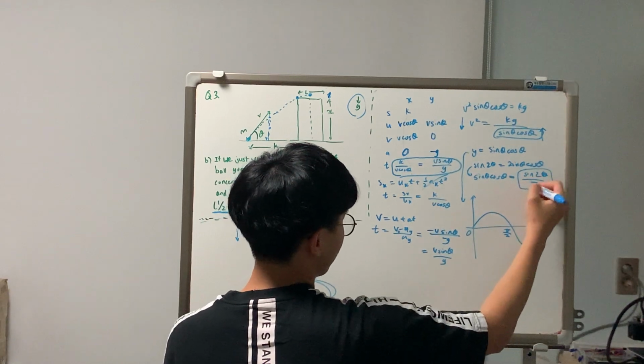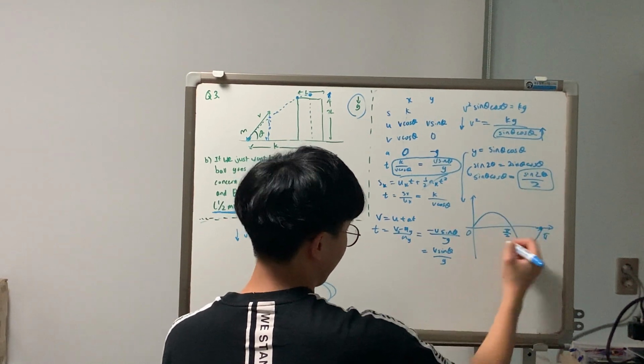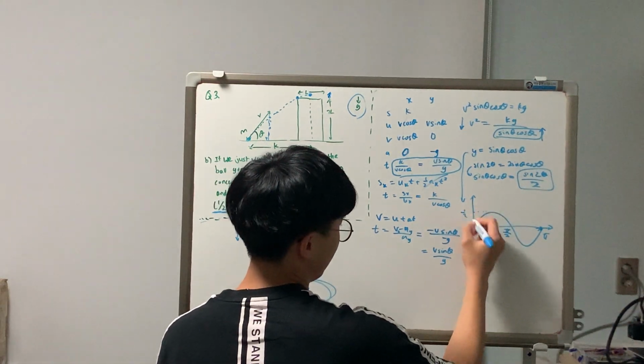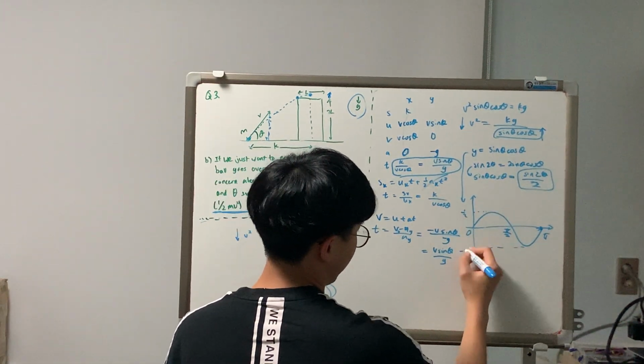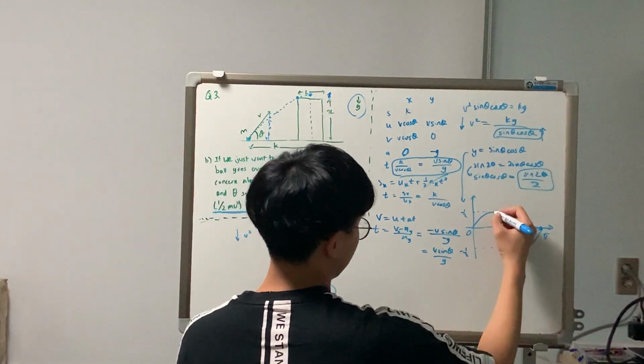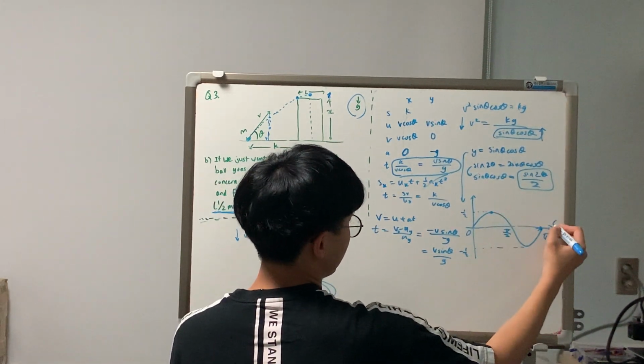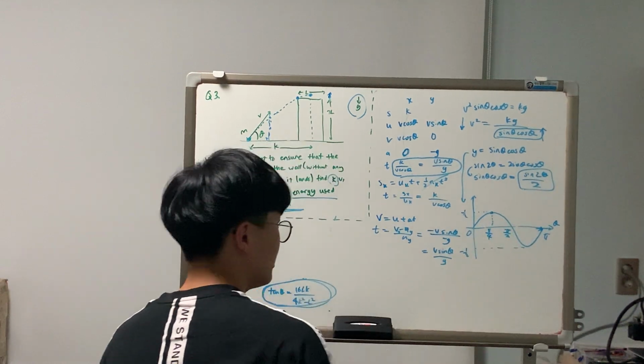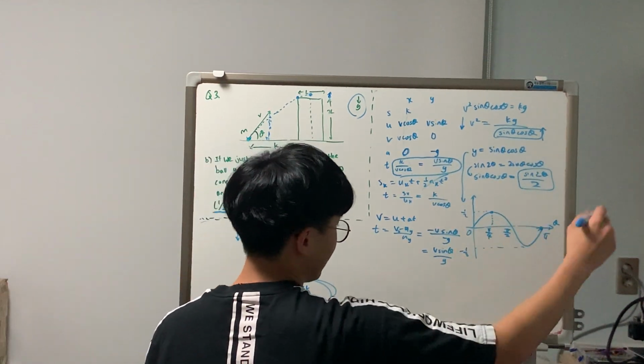And because it's over 2, its maximum and minimum will no longer be 1 and minus 1, but 1/2 and minus 1/2. And we know that the value for theta here, when it's the maximum, is pi over 4. And this same shape will repeat on and on.